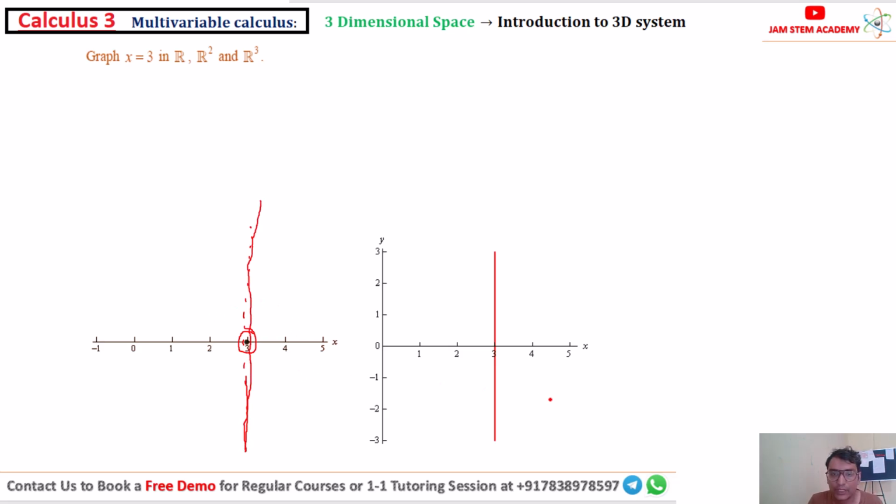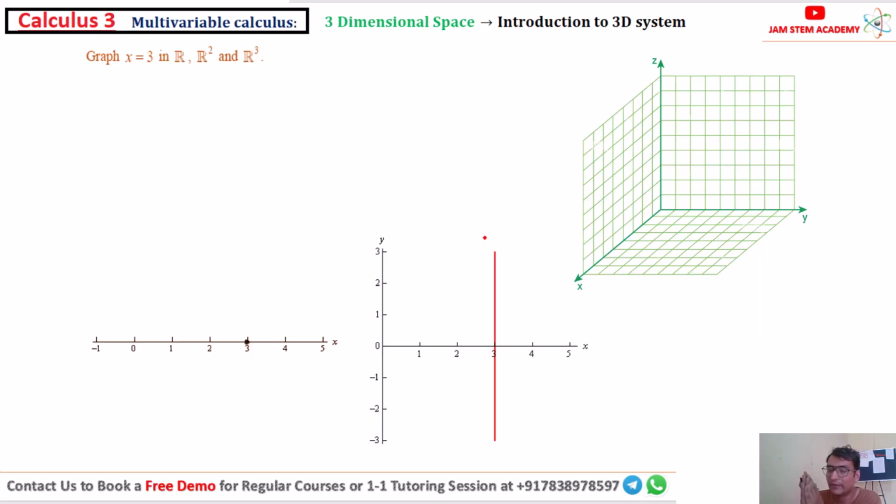Now, if I generalize it for the third axis as well, you will have a combination of these lines, which will make an entire plane, where x is always 3 and y and z can be any real number. The z-axis is also there, so you can cover any height, any breadth, but keeping this length the same, which is x equals 3.